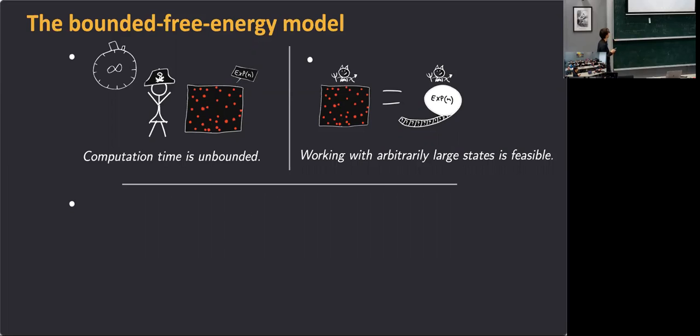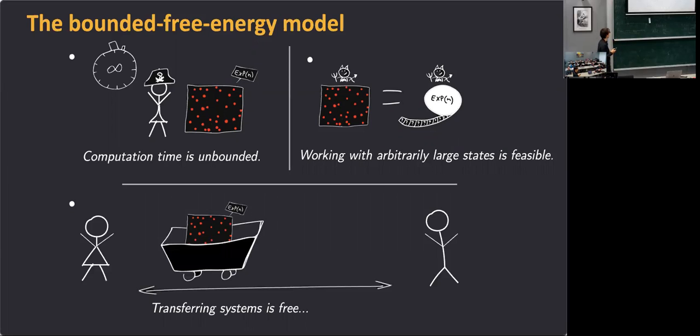And the last thing is that transferring systems between players will also be free. One way to see it is that the players are allowed to take these huge canisters of gas that contain a lot of entropy, put them on frictionless carts, push them to each other, and trade them at arbitrarily low cost.